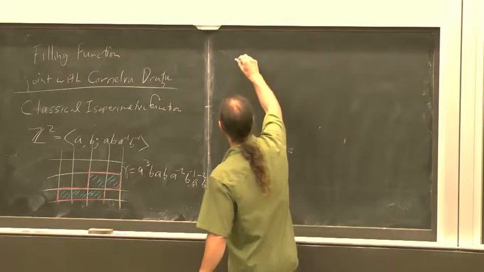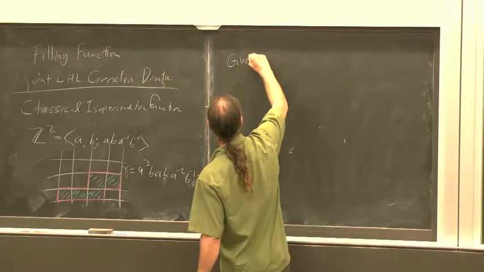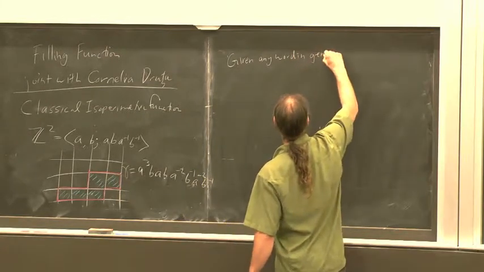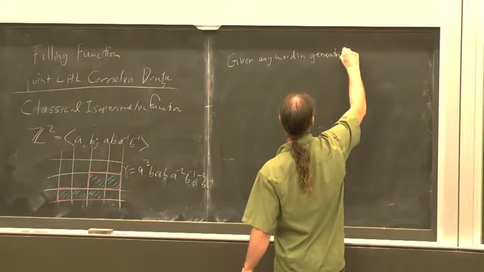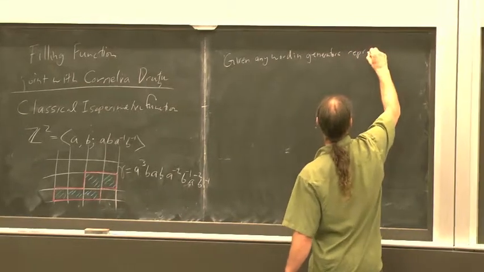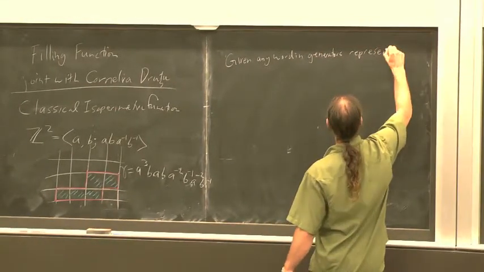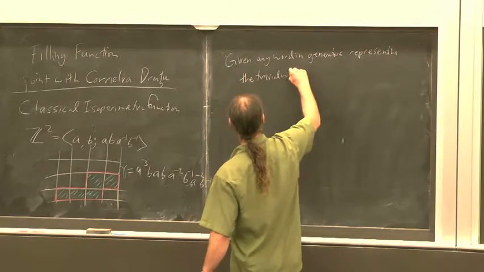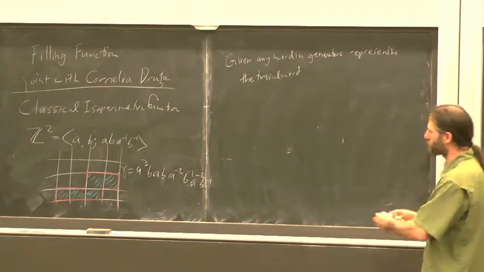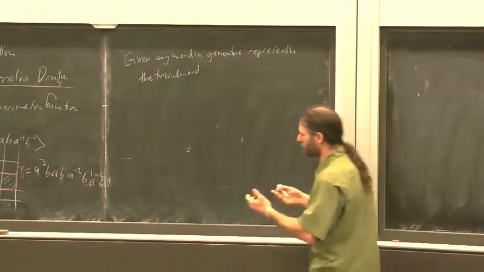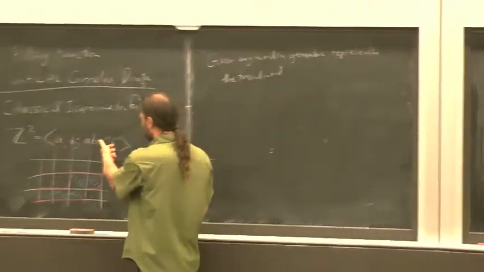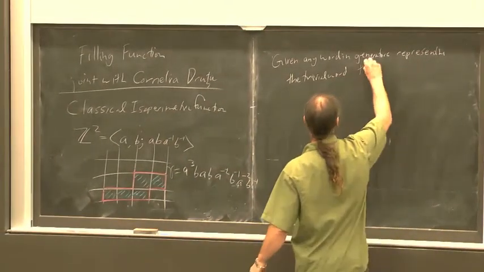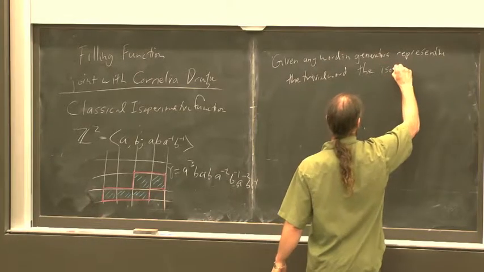And so given any word in the generators, in the fixed generating set, representing the trivial word, well, if it represents the trivial word, we can write it as a product of conjugates of the relator.